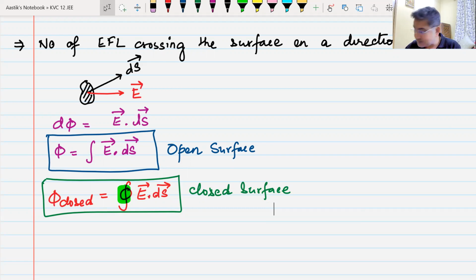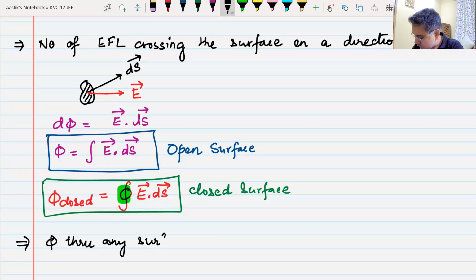Flux through any surface is defined as the integral of E dot dS, but the way we call it will be slightly different: flux through any surface, whether it's a closed surface or an open surface, is the surface integral.